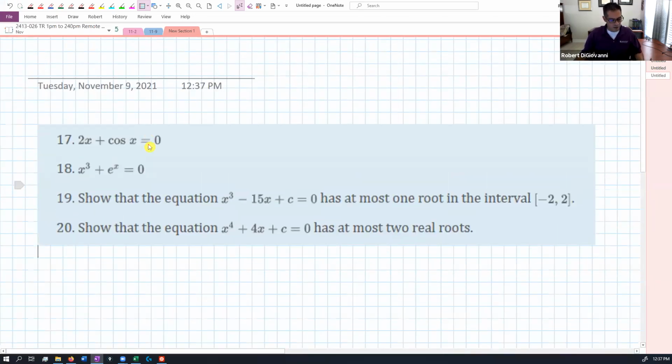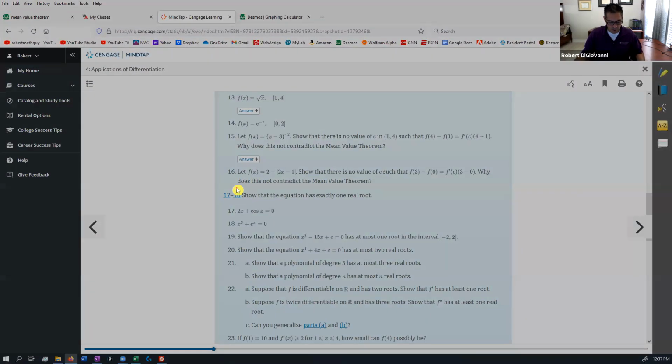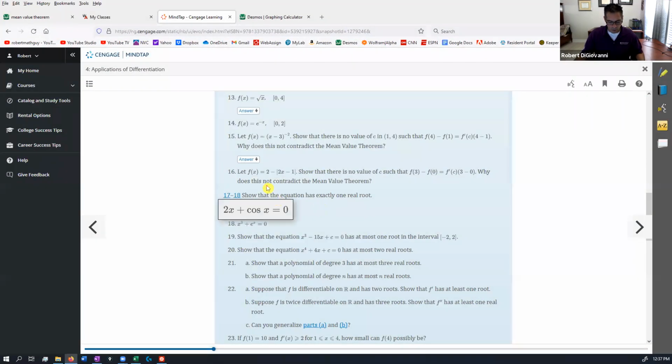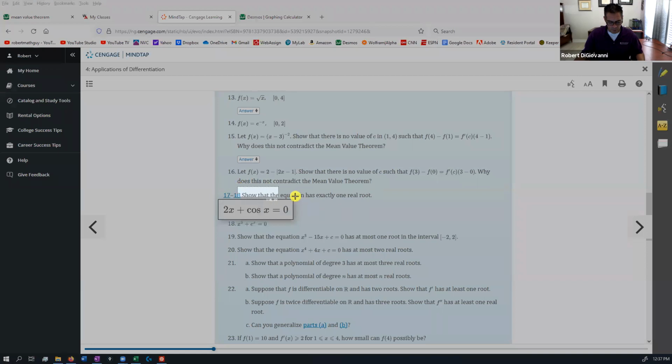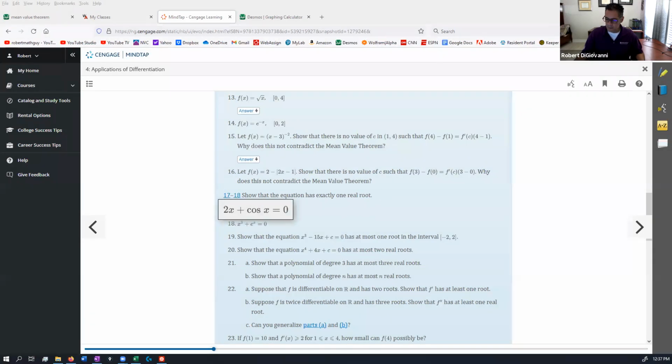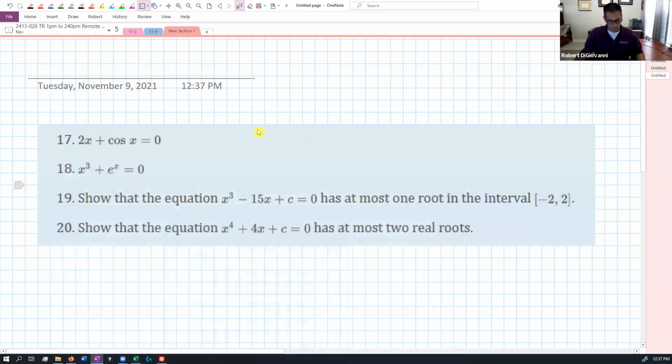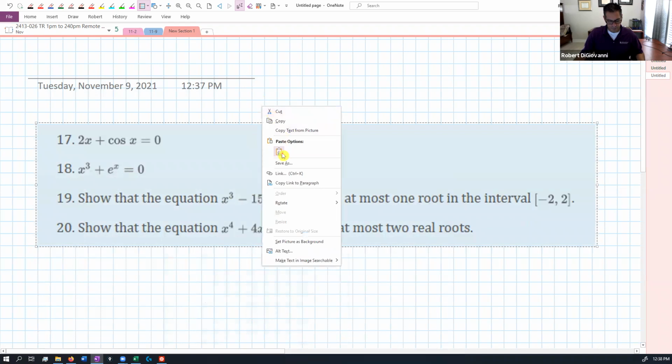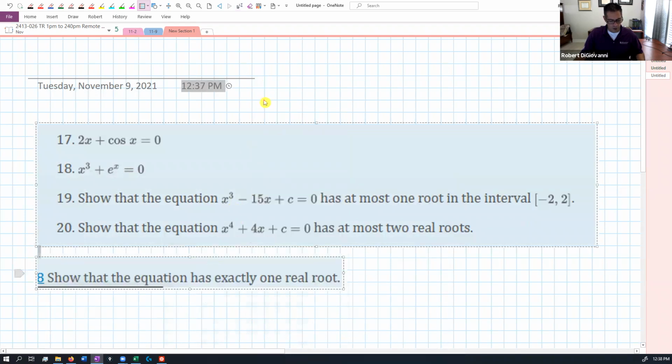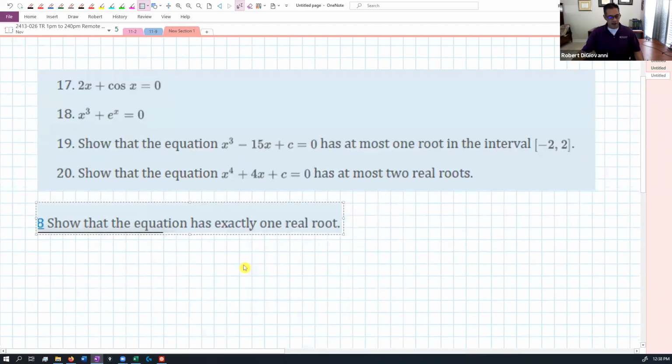So let's look at number 17. Oh, I didn't get the instructions. The instructions are to show the equation has exactly one root. So show that this equation has exactly one root.